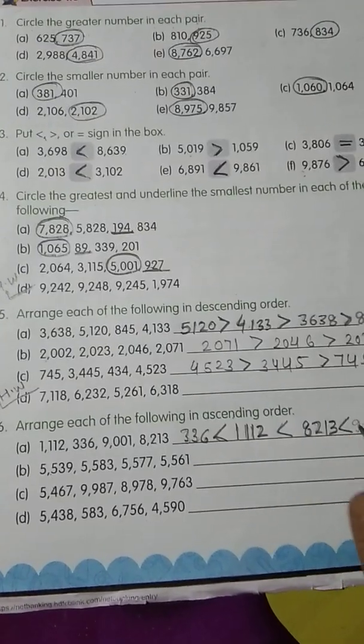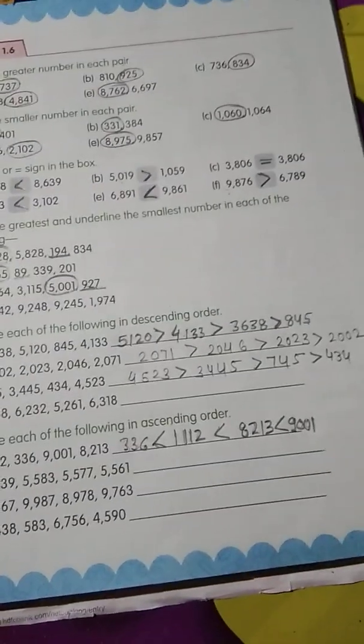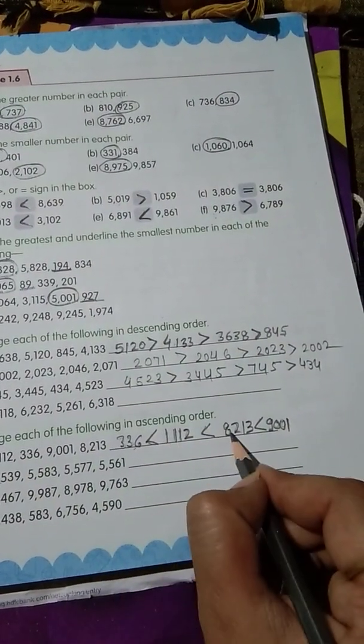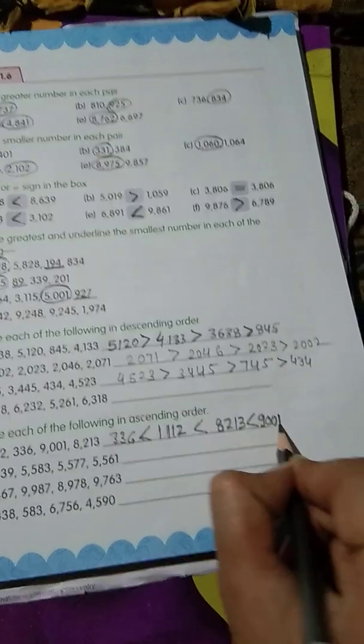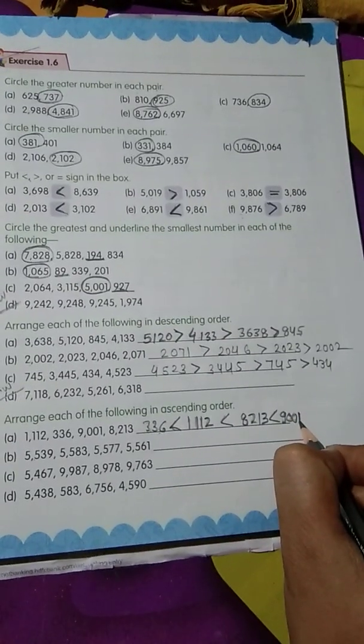Yes. After then 9001. Okay, so smallest one, after then smallest one, after then smallest one, and this one greatest one. Okay, so all of you understood?